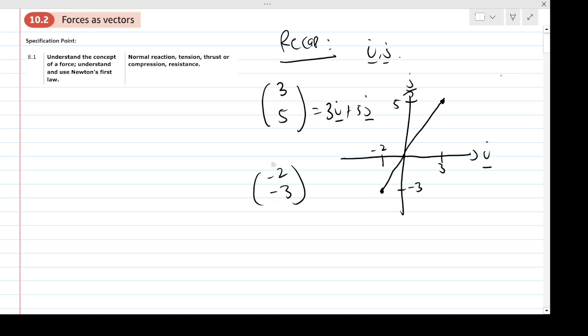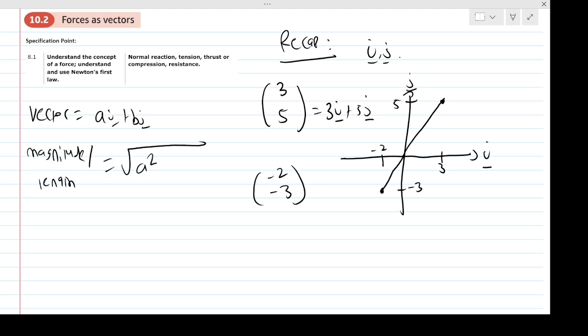The other thing we need to know, as well as i and j, is to work out the magnitude or the length of a vector, okay? Now, in general, if we have a vector ai + bj, so coefficients a and b, then the magnitude or the length is given by the root of the coefficients squared, like the Pythagoras theorem, right?